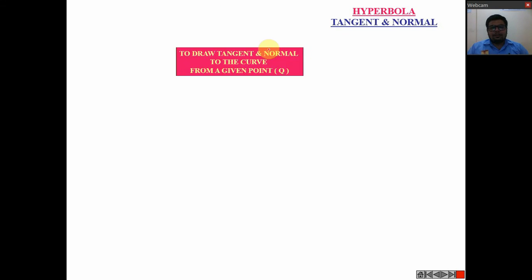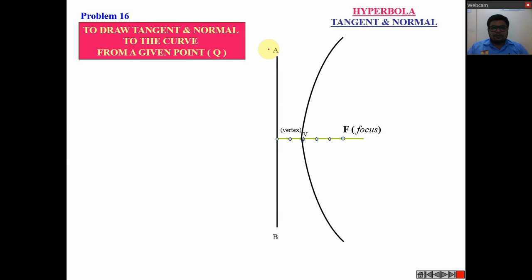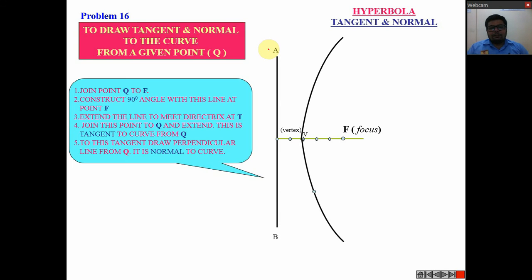And the last one is hyperbola. So again the same method, we are using the directrix focus method, and for that again a random point you have to select, where the tangent and normal need to be found out.